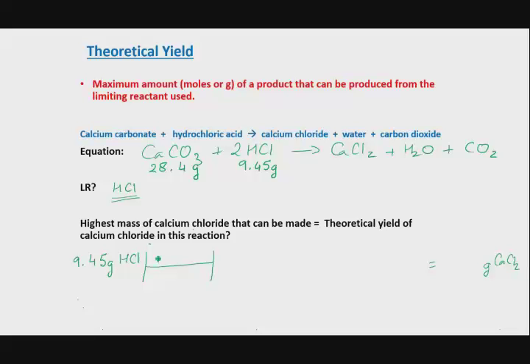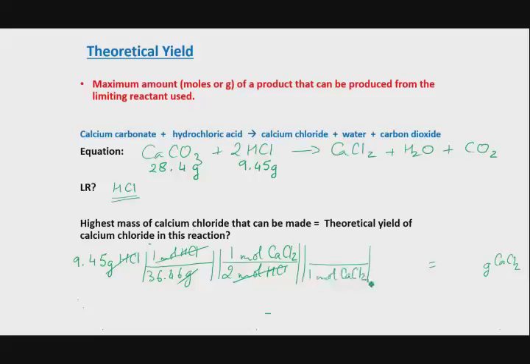So grams of HCl can be converted into moles of HCl using the molar mass of HCl. Moles of HCl can be converted into moles of calcium chloride based on the balanced reaction equation that we are working with, and that can then be converted into grams of calcium chloride based on the molar mass of calcium chloride, 110.98 grams.